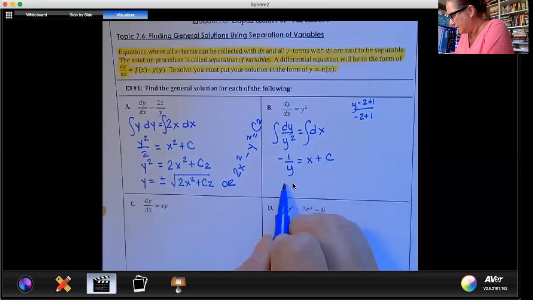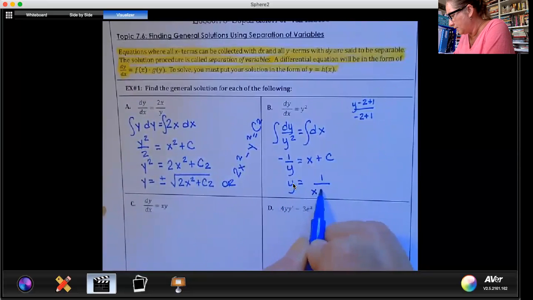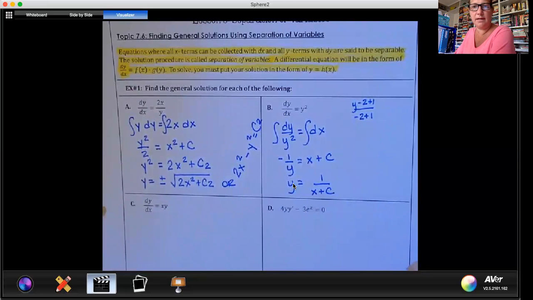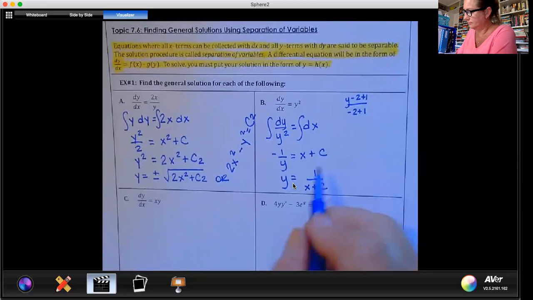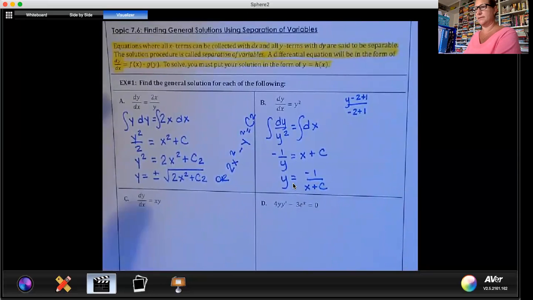So let's do y equals 1 over x plus c. Just flip your fractions.